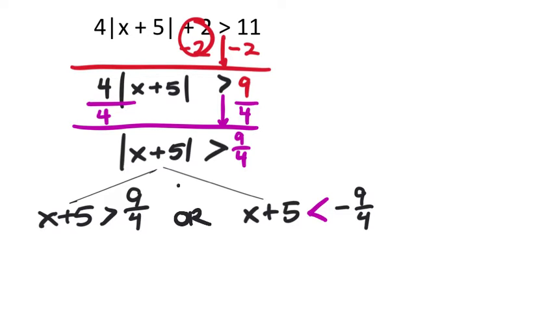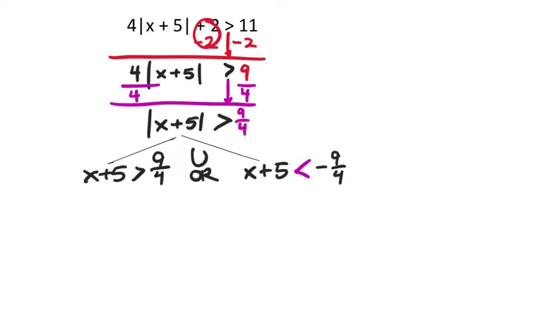And some of you would prefer to just put the union symbol there. Either way, both of those are or statements. So now I've got 2 inequalities that I need to solve, and only one principle of equality needed. So this one right here, we'll subtract 5 from both sides. And again, subtraction won't change your inequality there.